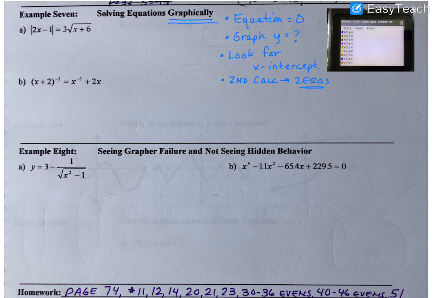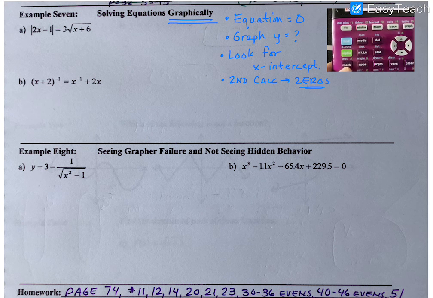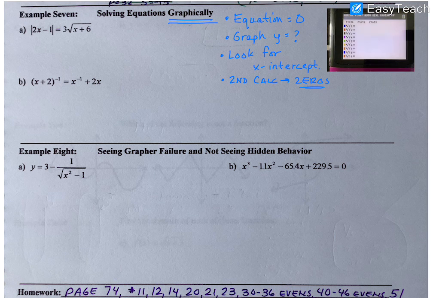So, first thing we have to do on A is some absolute value, which is a new thing. So, I'm going to show you one way to put in absolute value, and that is using the math menu. If you get down to the third or fourth row of your calculator, there's a math button. Everyone has a math button and a math menu, and it has lots of good information in it. So if I hit the math button, and we're looking for absolute value, I need to go over 1 to the right in the num menu.